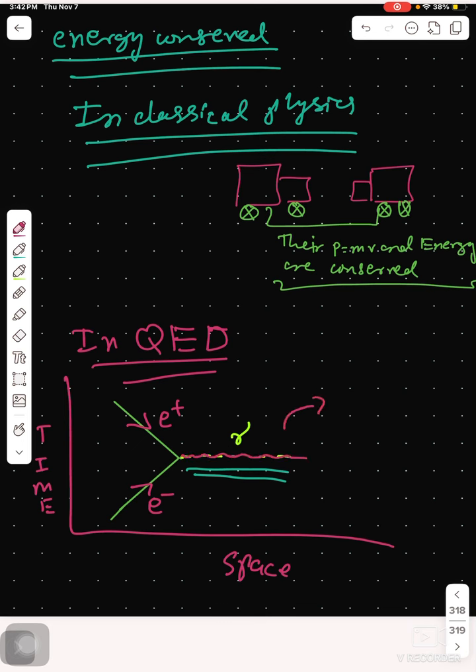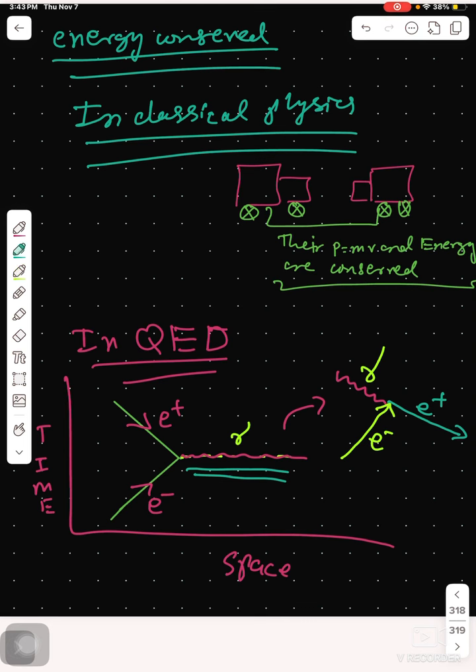For simplicity, I'll just draw it like this. A photon and an electron can combine to give a positron. Here, this is the electron, this is the photon, and this is over here.